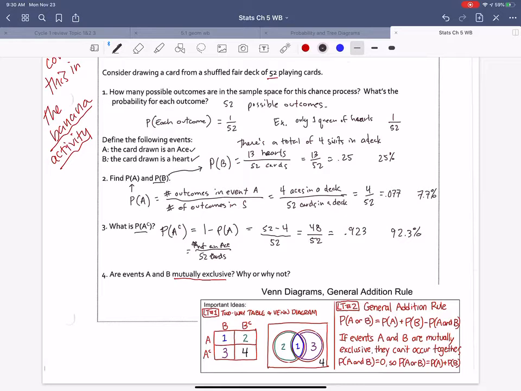You actually have to say, no, they're not mutually exclusive because event A and event B can happen at the same time.